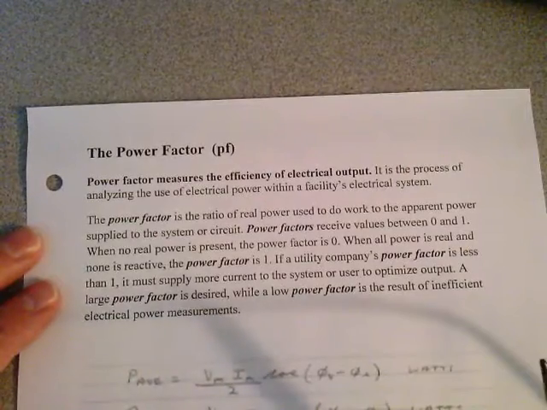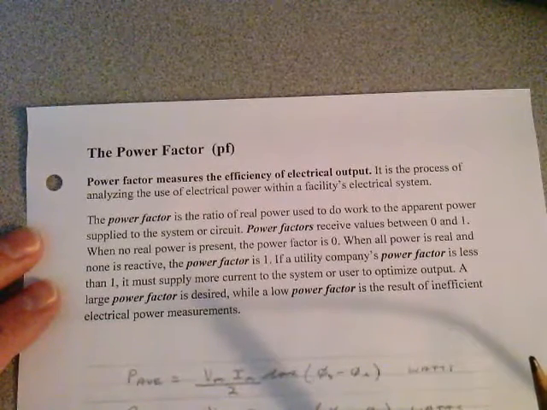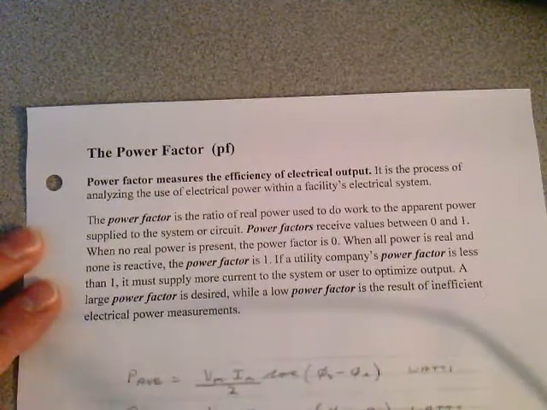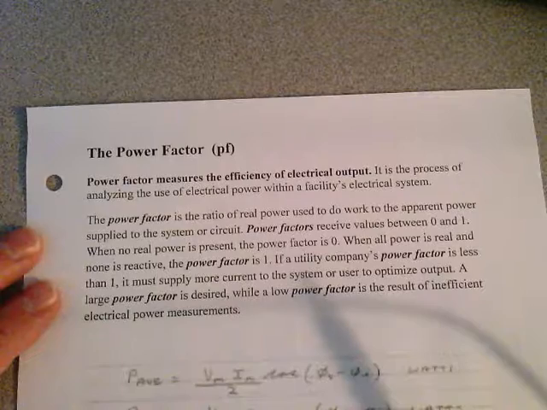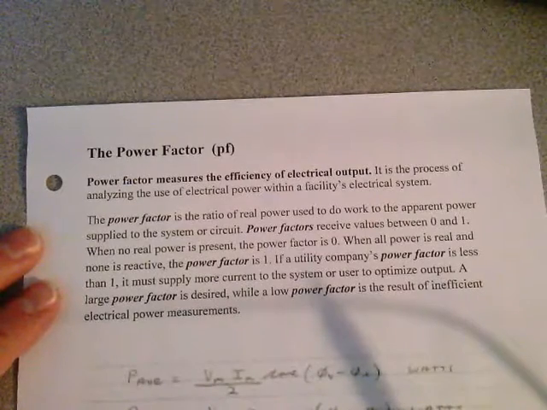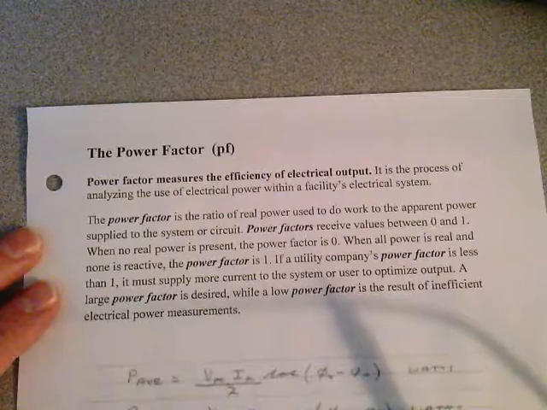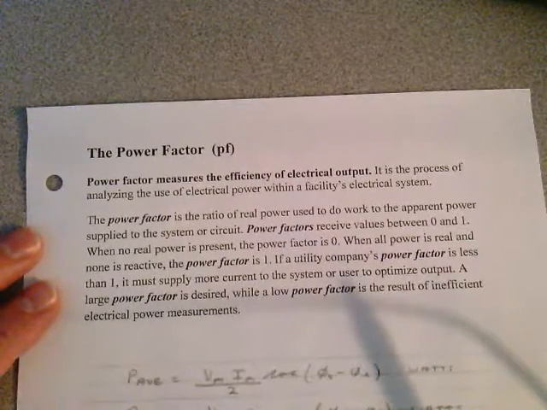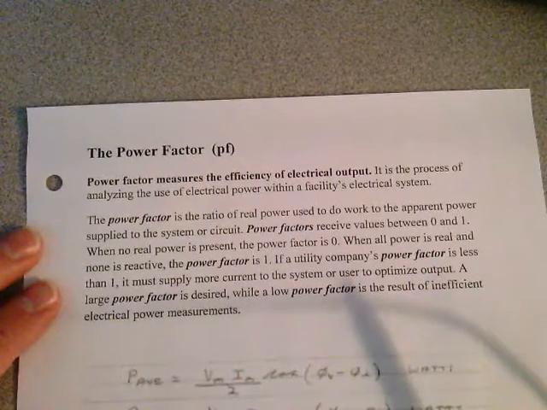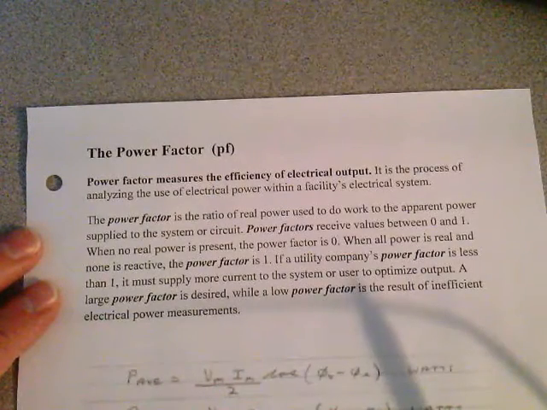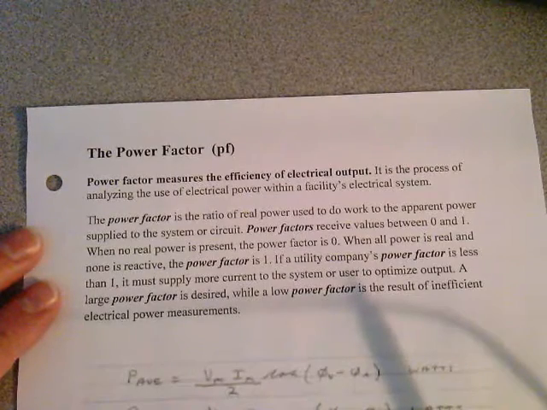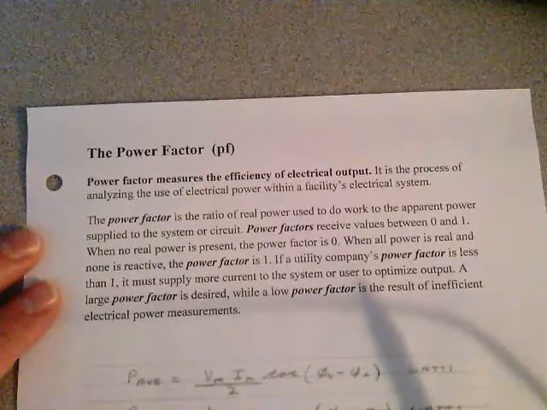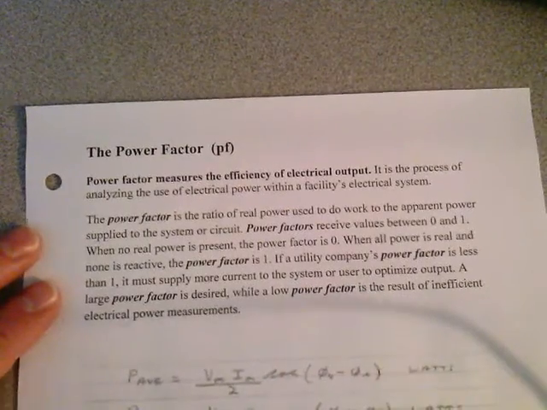So we said before that if you have a lot of inductive machines in your basement, a lot of lathes and presses running, you have a very large inductive load, that your power factor is going to be somewhat less than 1, and you're going to be using more power from the utility company than they're able to measure, because you're going to be using reactive power, and that's something that they can't evaluate without looking at something called a power factor. So let's look at it.